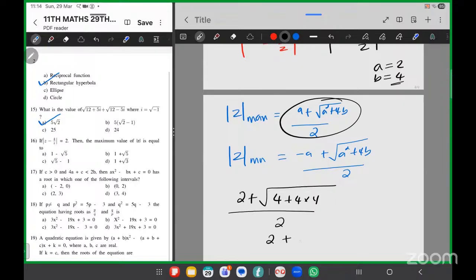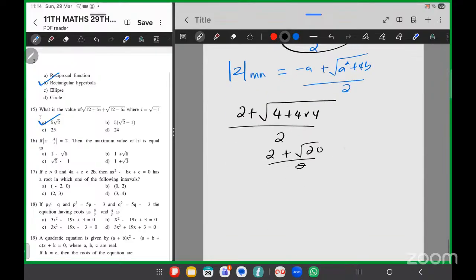So 2 plus 4 into 4, 16 plus 4, 20. Root 20 by 2. Root 20 is 2 root 5. So 2 plus 2 root 5 by 2. This 2 gets cancelled. So 1 plus root 5 will be the maximum value. 1 plus root 5. So option B is the correct answer.